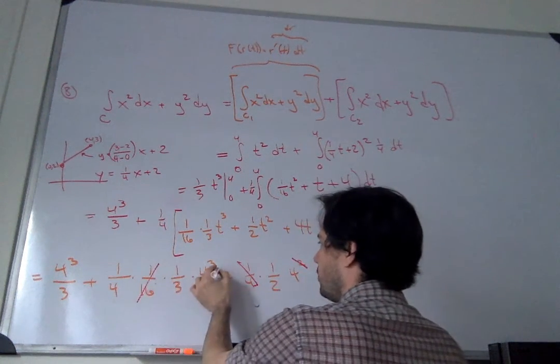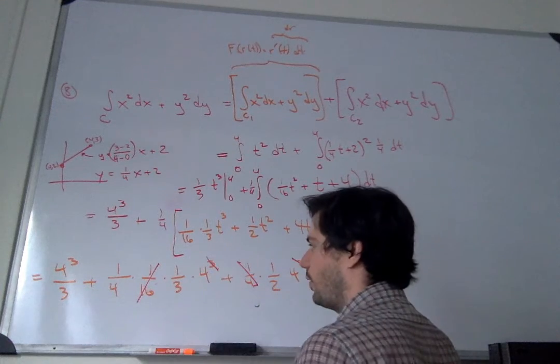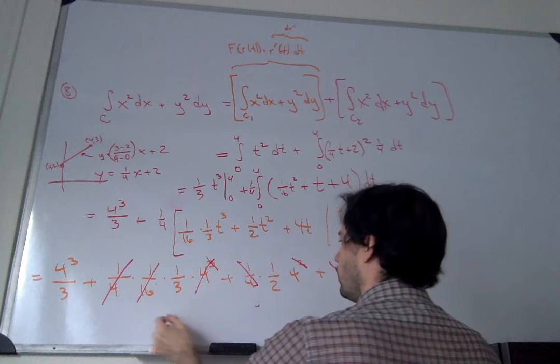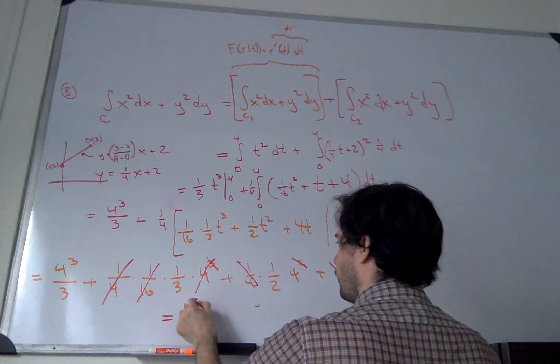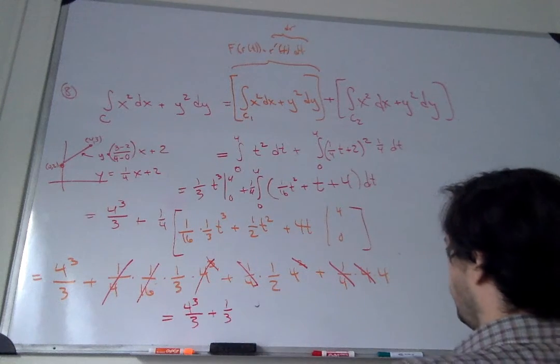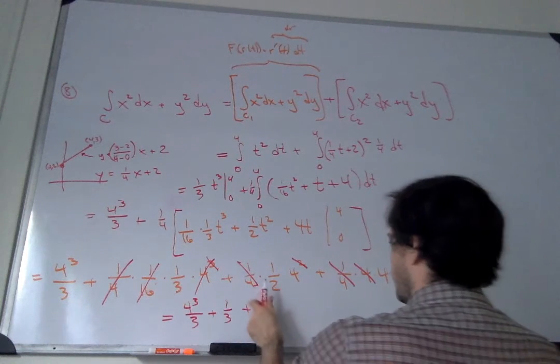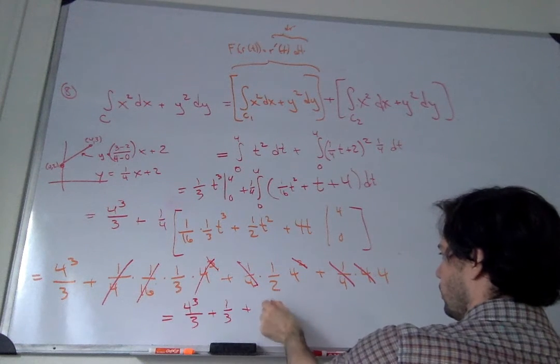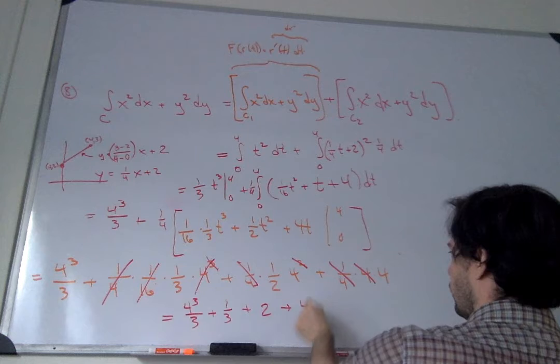So those cancel with 2 of those powers. And then 1/4 cancels with that. So what I should be left over with is 4 cubed over 3 plus 1/3 plus 2 plus 4.